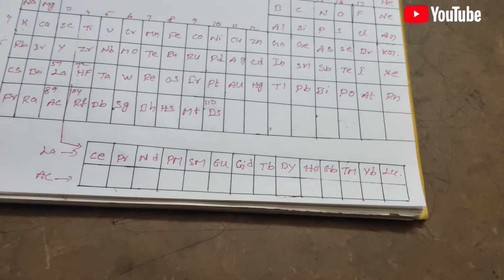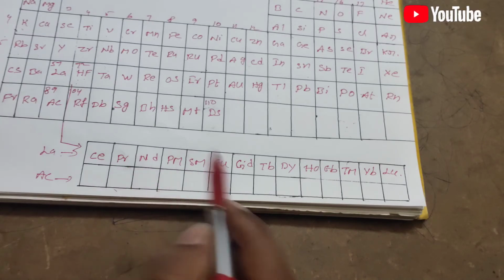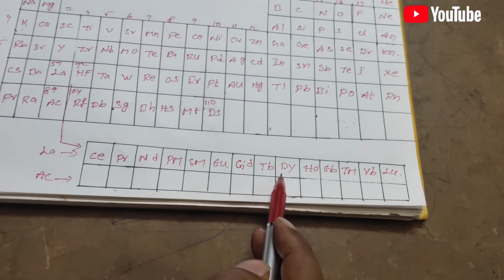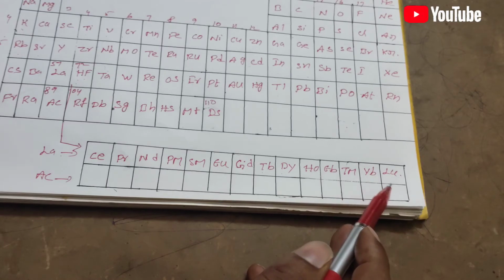These 14 elements are called the lanthanides. Once again, I am repeating: cerium, praseodymium, neodymium, promethium, samarium, europium, gadolinium, terbium, dysprosium, holmium, erbium, thulium, ytterbium, lutetium.